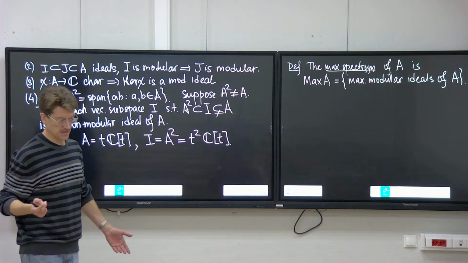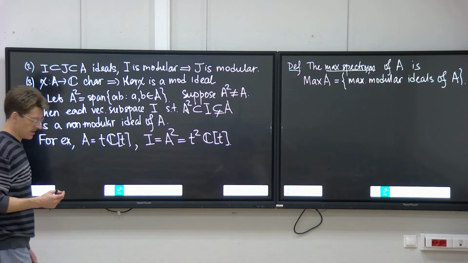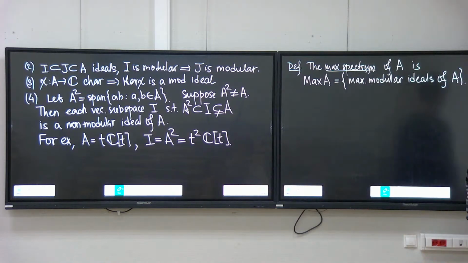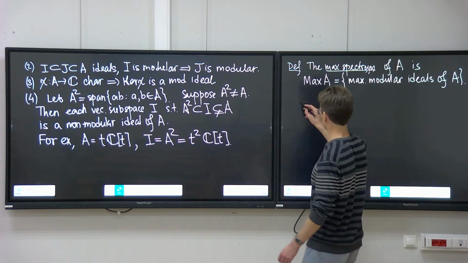Well, again, just like in the usual case, the natural question is: is it empty? Do we always have maximal modular ideals? And the answer is exactly the same as in the unital case.